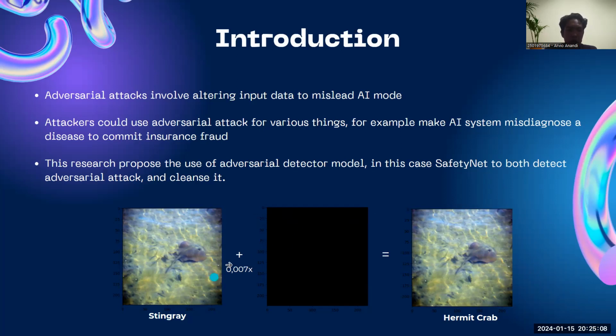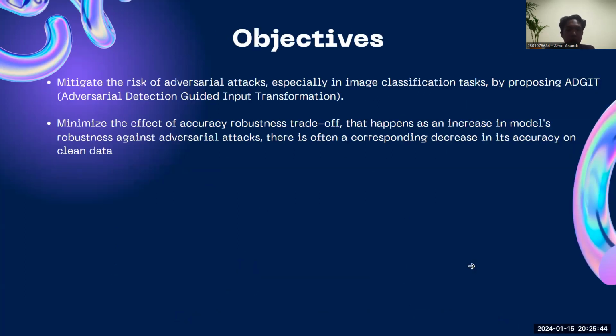In this example, we have a clean picture, which is labeled by the model as Stingray, and then we add the FGSM or PGD attack with parameters of 0.007, which is denoted here by the noise, and it resulted in a mislabeled image by the model that we have built, which the model itself labeled the image as hermit crab, which was supposed to be stingray.